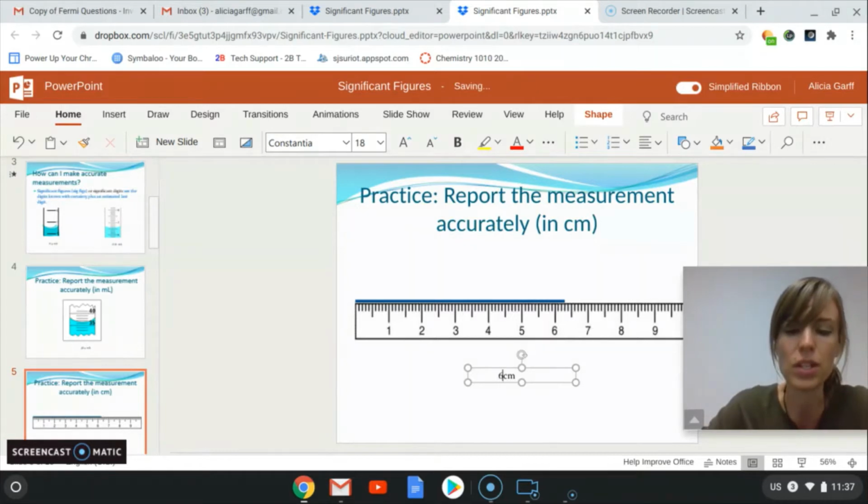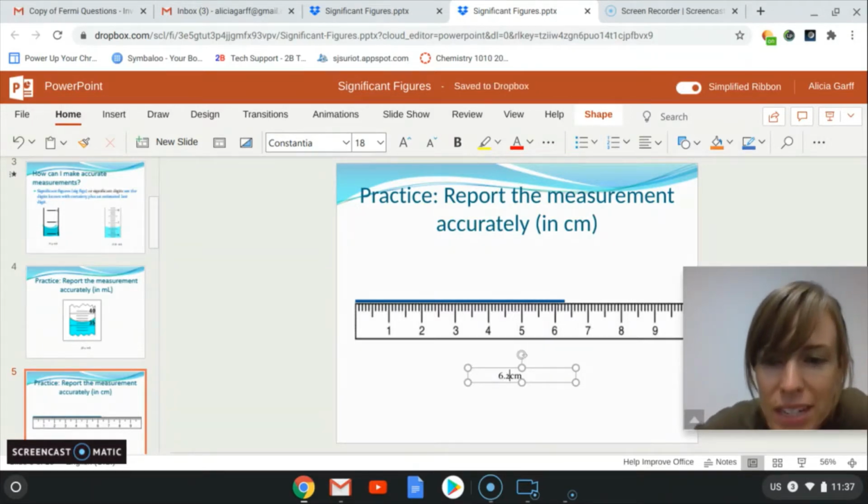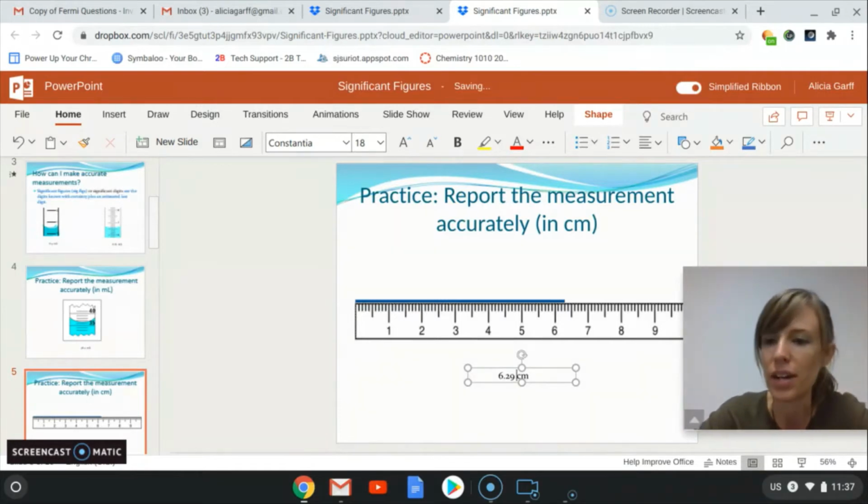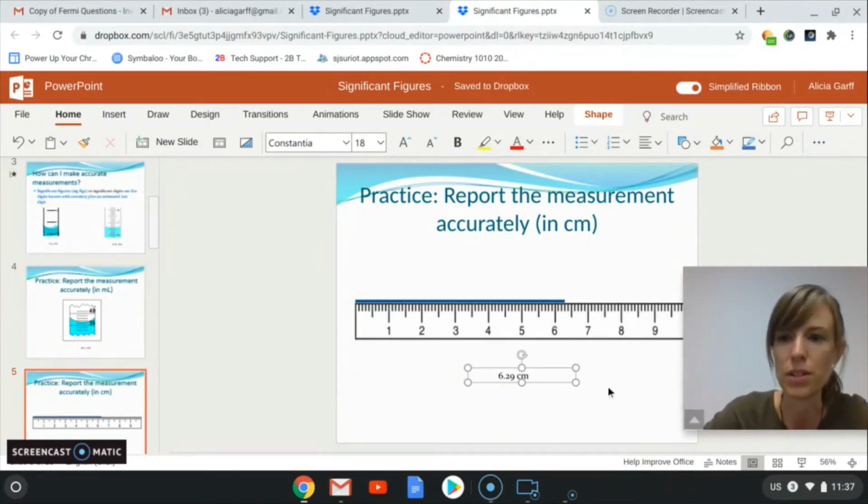So I'm certain of the 6.2, but I have to guess on the next digit. It's pretty close to the 6.3. So I'm going to guess that it's like 6.29. That would be the correct number of significant figures for this measurement. Again, just to remind you, you include all the digits that you're certain of. So for this one, it's the 6 and the 2, and then one digit that I'm estimating, which is the 9. Let's look at a different ruler.